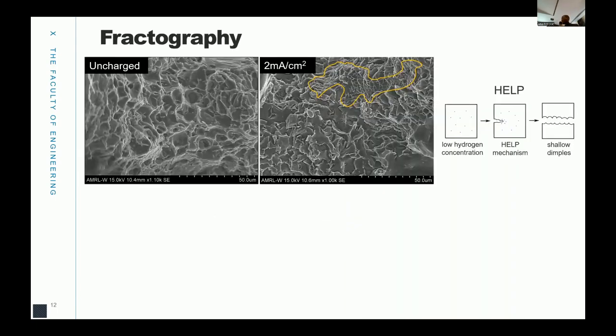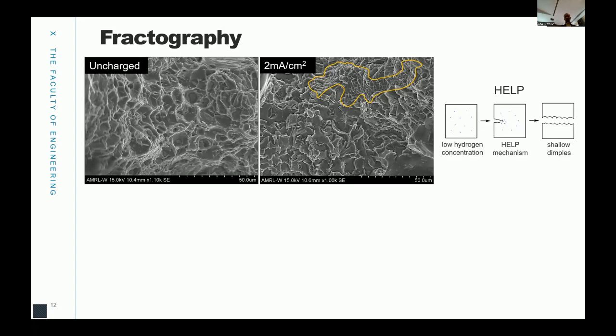Now, looking at the comparison between the uncharged and the charged specimen. With the specimen charged at 2 milliamps per square centimeter, we still see some microvoid coalescence highlighted in orange there, and the fracture is a bit different to the uncharged specimens.